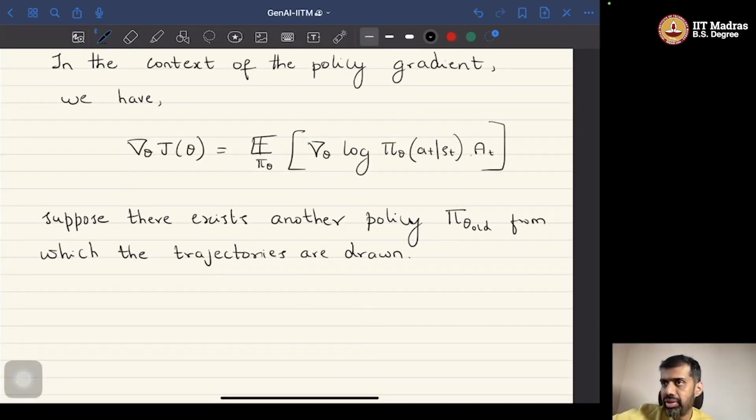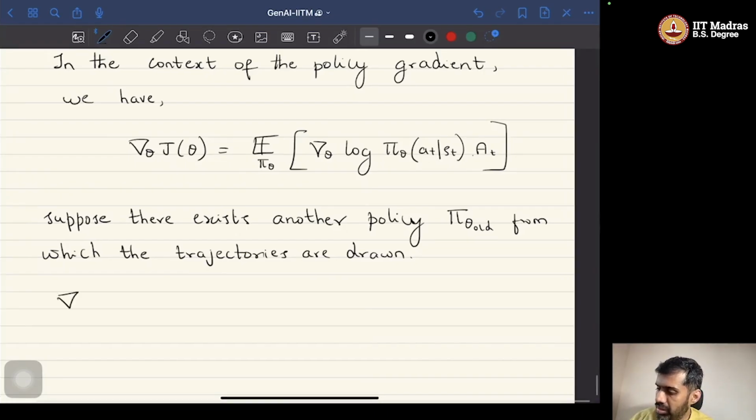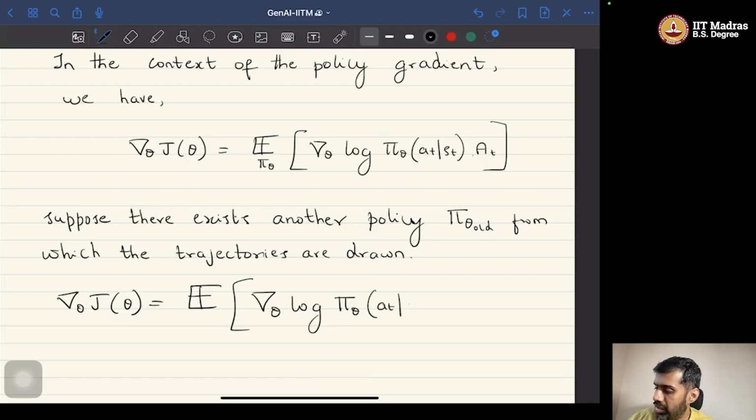We have this expectation now, J theta, which is equal to the expectation of the gradient of log pi theta of a_t given s_t times A_t, and this expectation is with respect to pi theta.